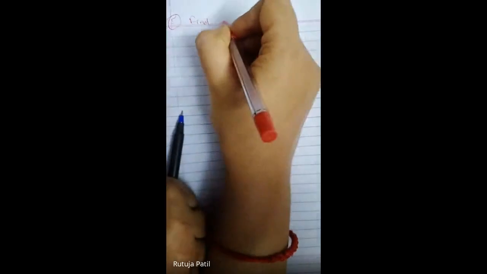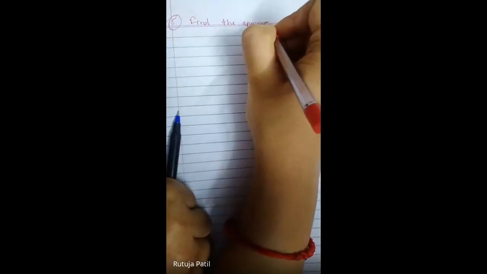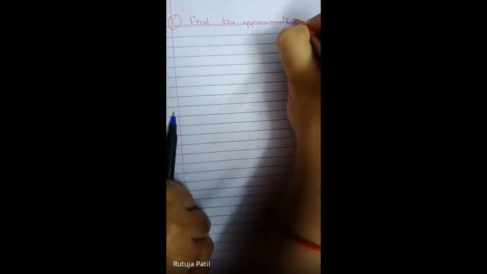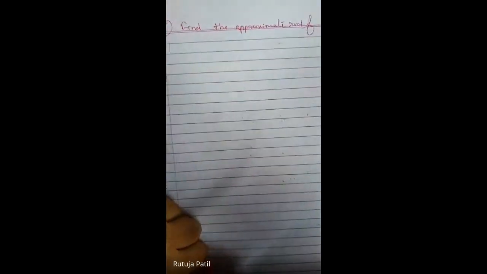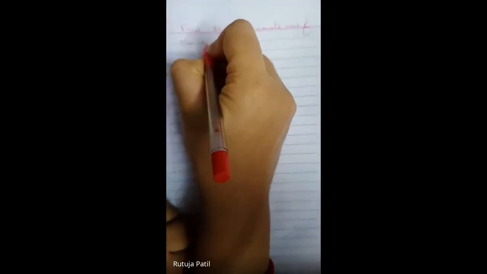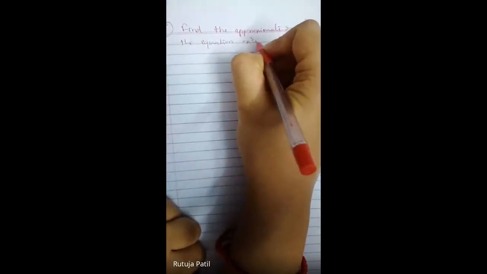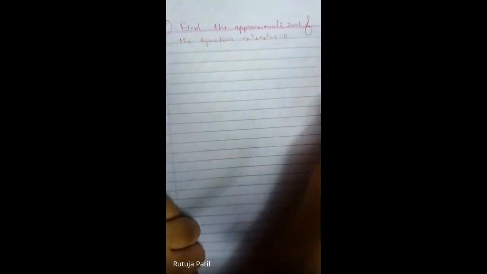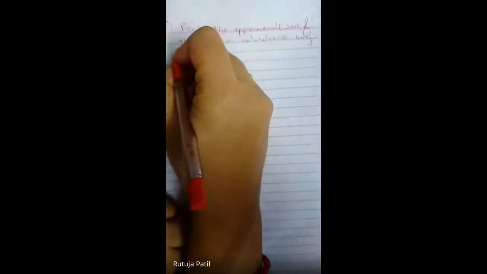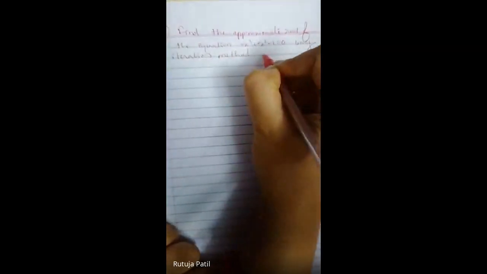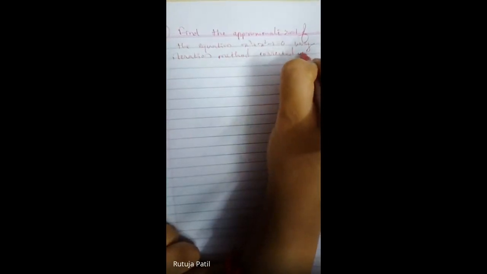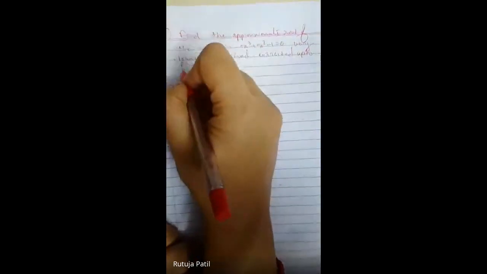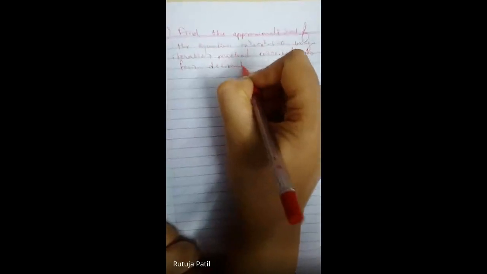Find the approximate root of the equation x cube plus x square minus 1 equals 0 using the iteration method, corrected up to 4 decimal places. Corrected up to how many? Corrected up to 4 decimal places.